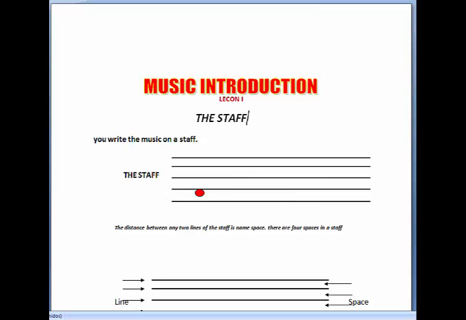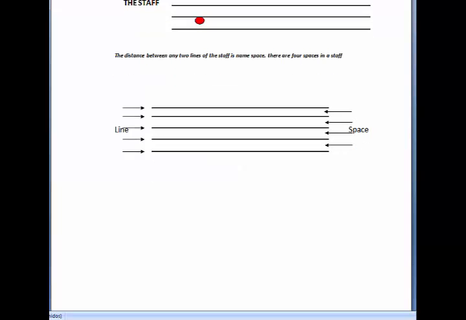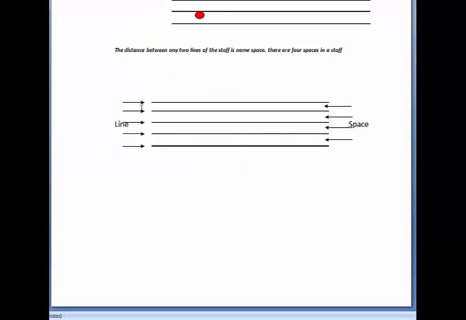Let's go down to see why we need that. We need a staff. You write the music on a staff. To write your music, you need to have a staff. Let's go down. I have a picture I put here for you.